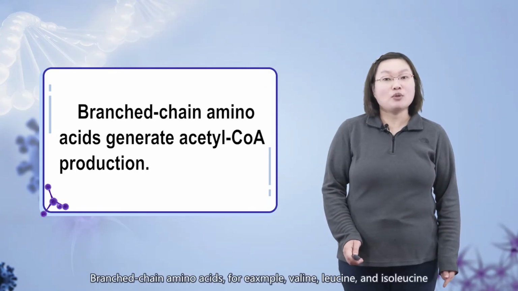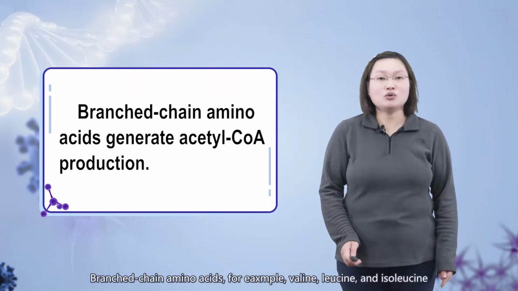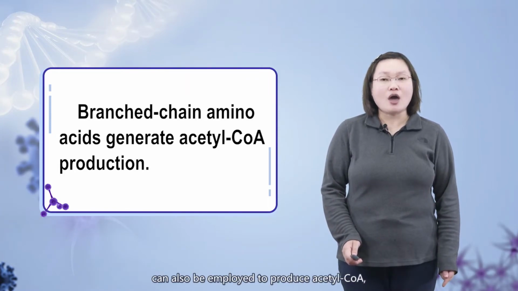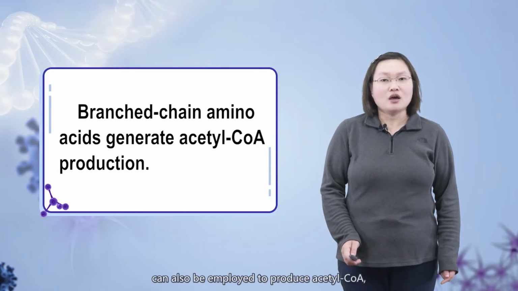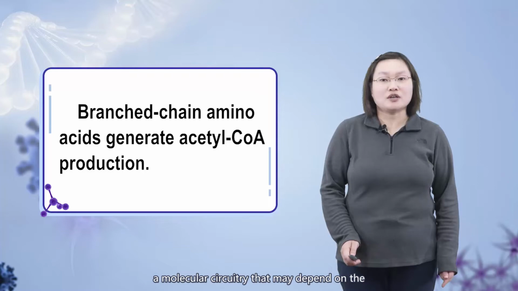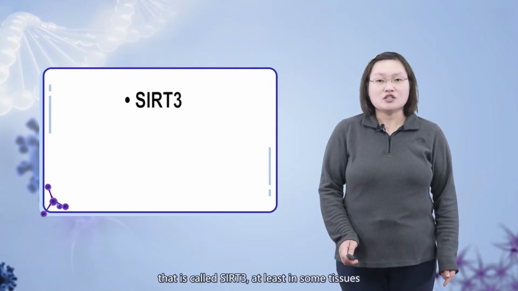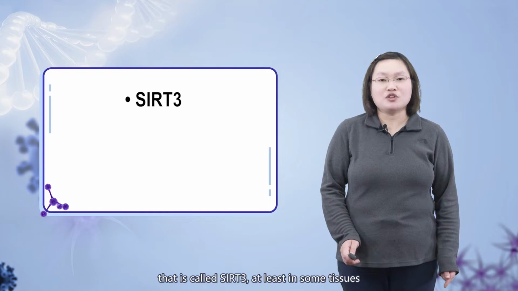Branched chain amino acids, for example, valine, leucine, and isoleucine, can also be employed to produce acetyl CoA, a molecular circuitry that may depend on the mitochondrial deacetylase 3, called SIRT3, at least in some tissues.